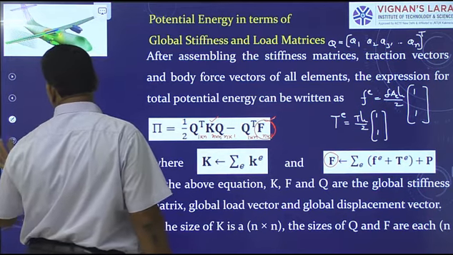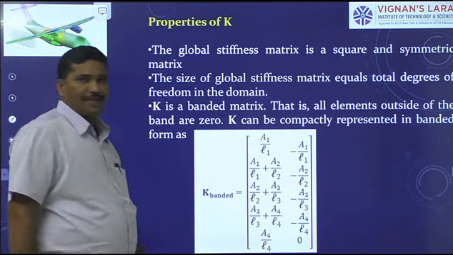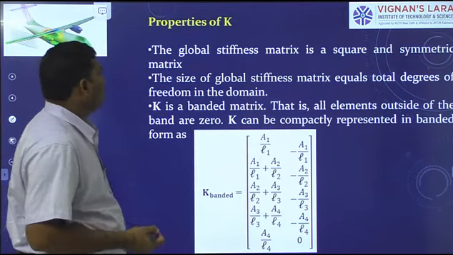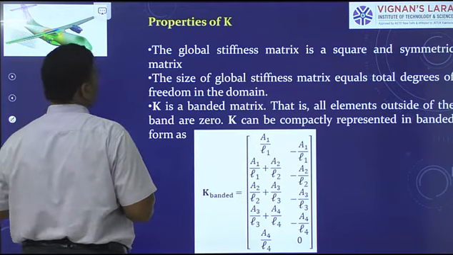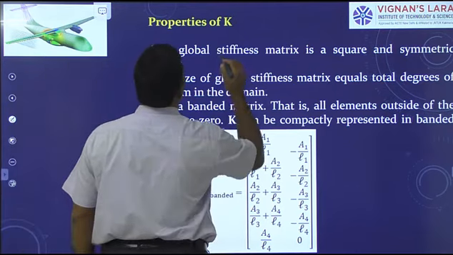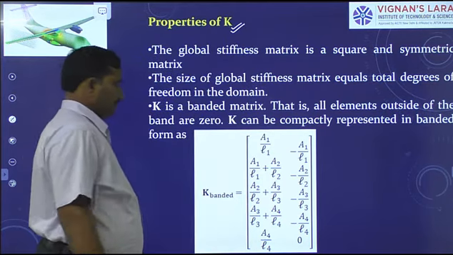Next. Properties of K. What is capital K? I told you capital K is the global stiffness matrix.